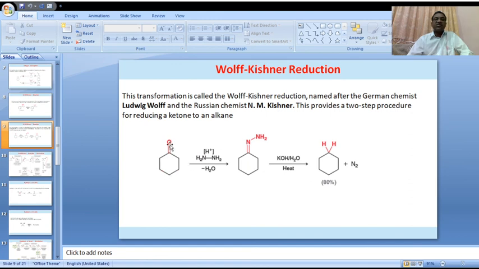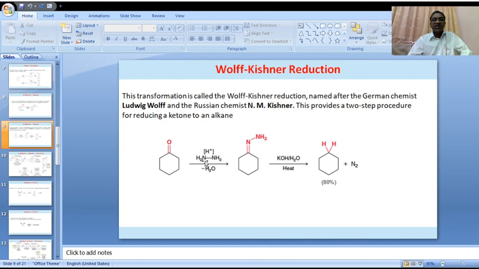In the first step, ketones react with hydrazine in presence of acid. Here there is loss of a water molecule, and the hydrazine is converted to a hydrazone.